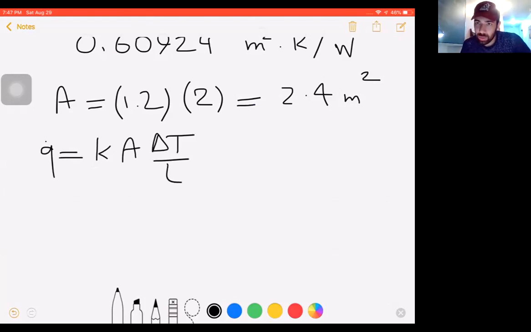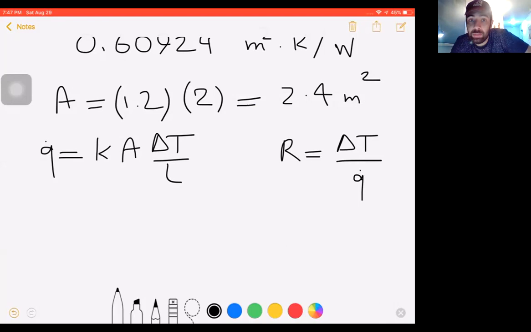As we removed the area from all calculations when we wanted to find the resistivities, my resistivity was equal to delta T over heat rate when I had included area. Now, since I didn't consider it in my resistivity calculations, I have to include it here.